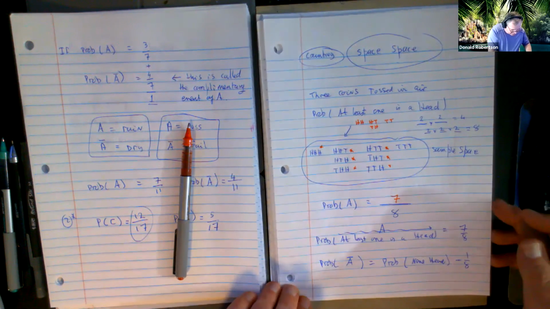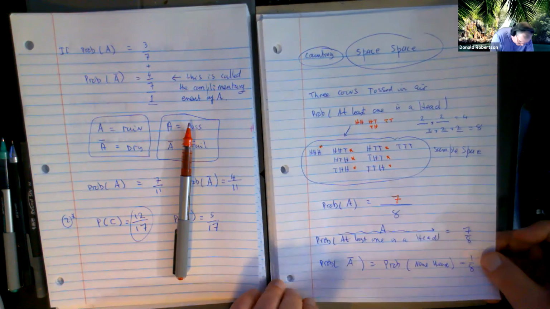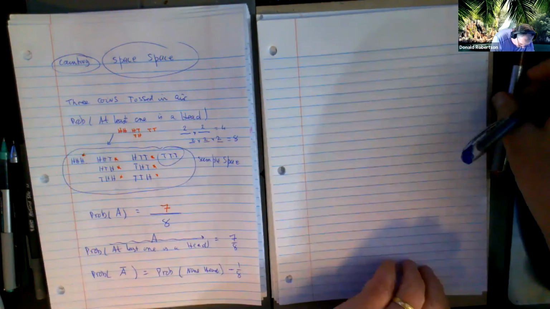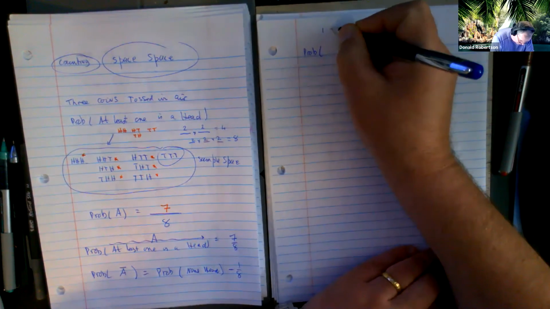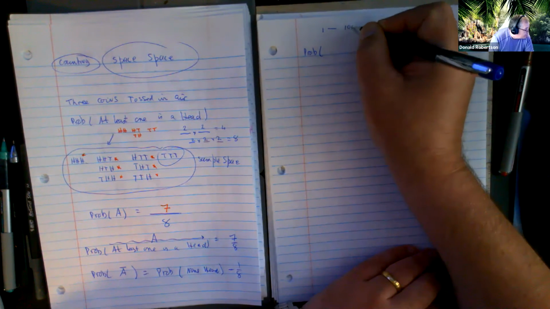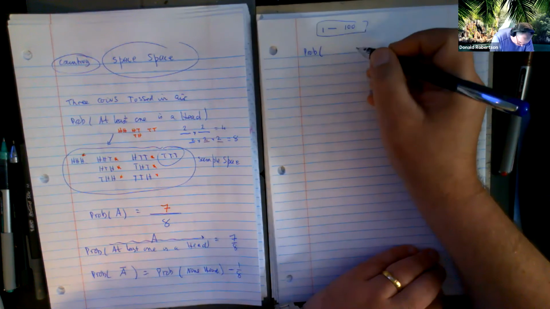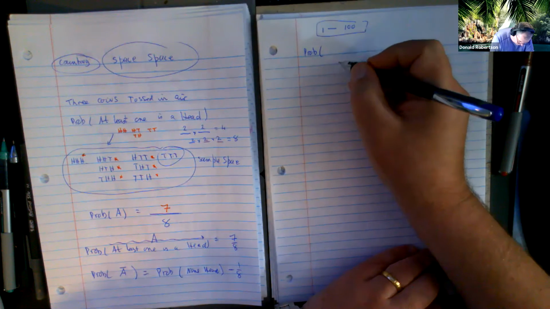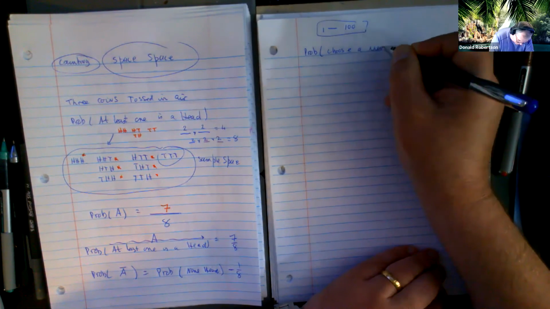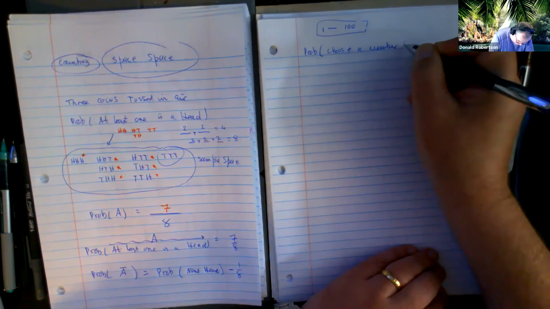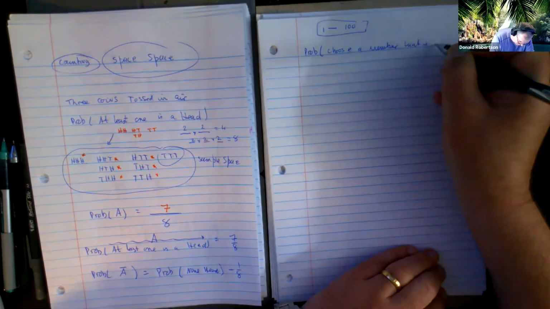Here's a better example, perhaps. I want the probability that I choose, out of all the numbers from 1 to 100, a number that is not a multiple of 5.